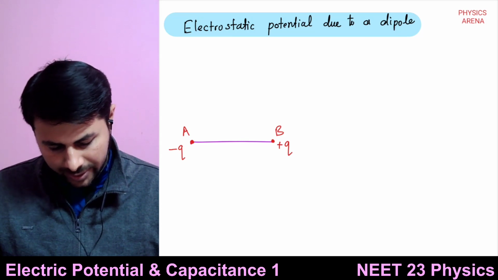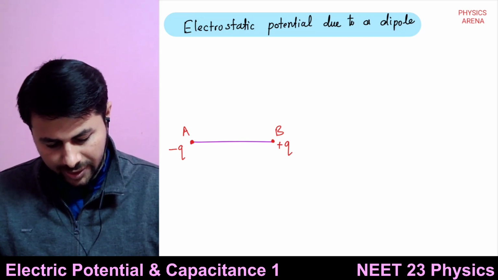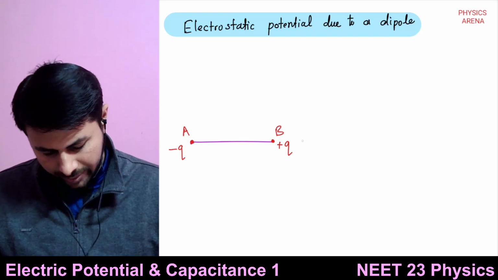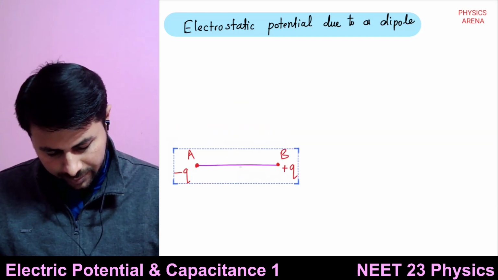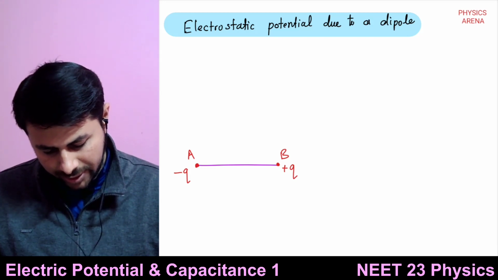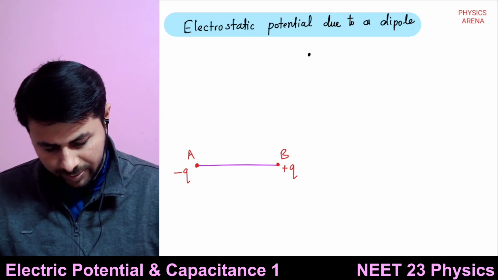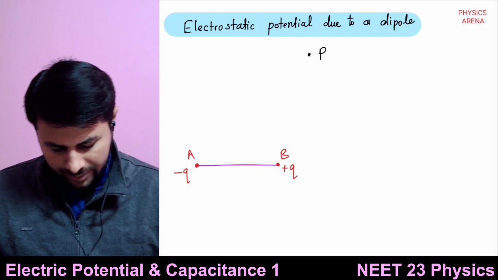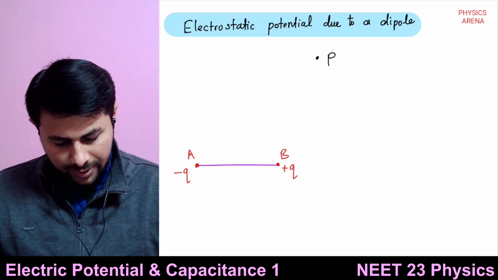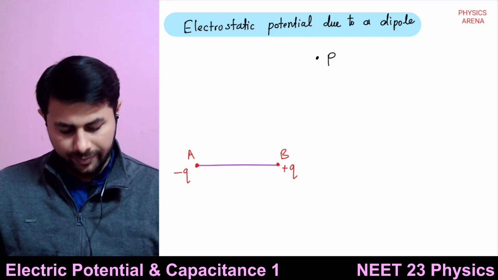And I want to find out the electric potential due to this system at some point, right here. Let's call it P.